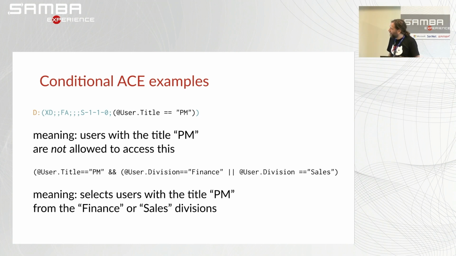Actually, I think the example was the other way around. And then this one is saying if it's a project or PM, and they're in the finance division or the sales division. And now, these are called user attributes when it's got the @User.